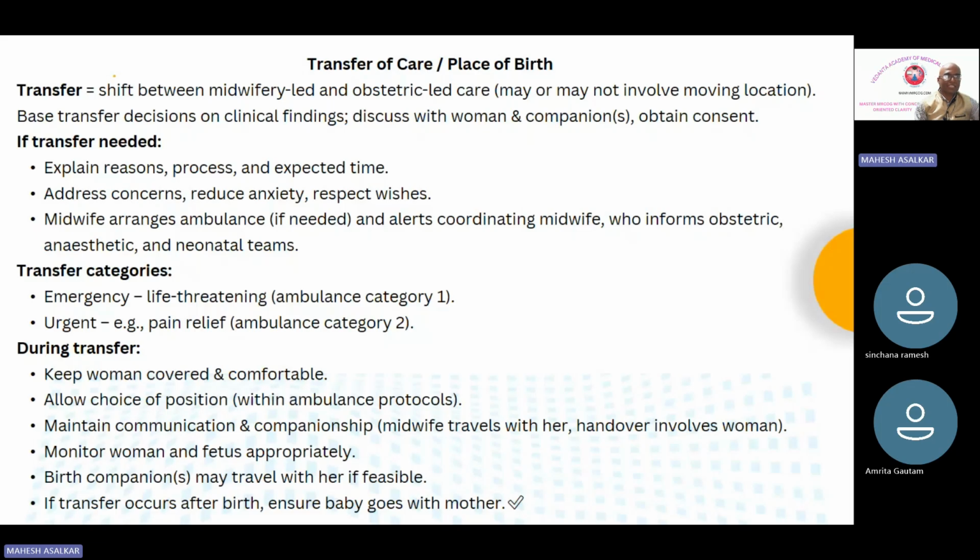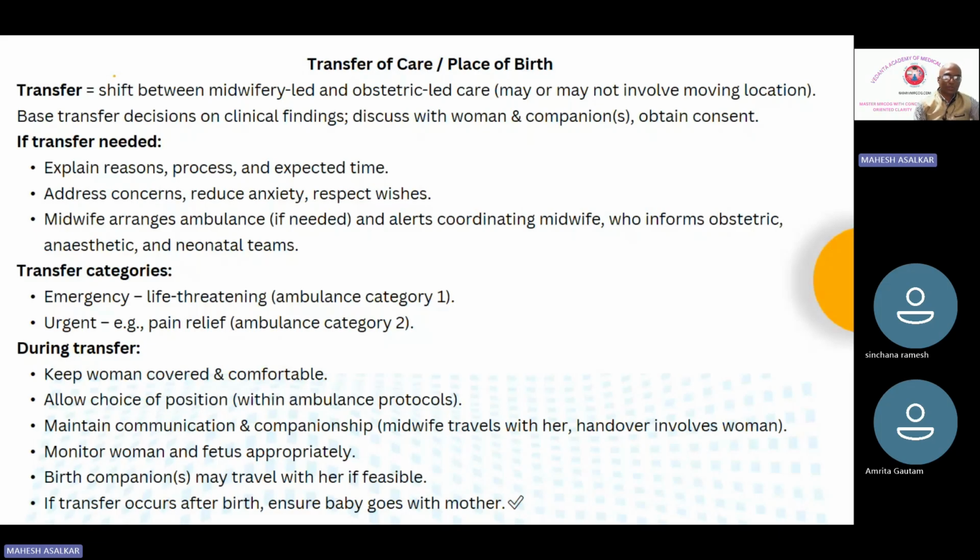If transfer is needed, explain the reason, process and expected time, address concerns, reduce anxiety, respect wishes. The midwife arranges an ambulance if needed and alerts the coordinating midwife. In the obstetric unit, there will be one midwife who is a coordinating midwife. That midwife is to be contacted by the community midwife, and this labor ward midwife will then inform the obstetrician, anesthesia and neonatal teams before arrival.